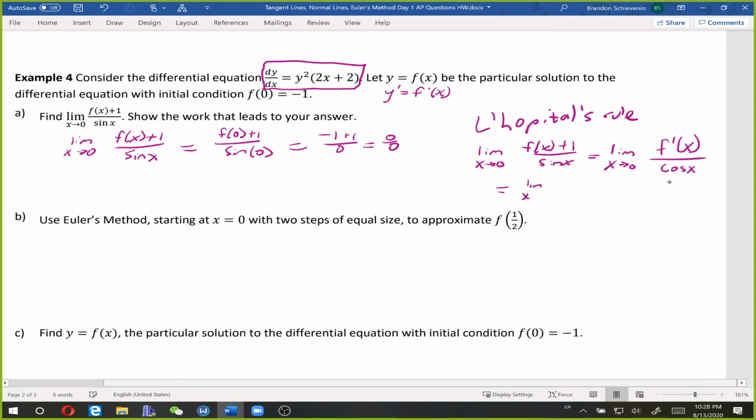The limit as x approaches 0 of f prime, which is y squared times 2x plus 2, over cosine x, where y is negative 1 when x is 0. When x is 0, this will be 2 times 0 plus 2 over the cosine at 0, which is what?